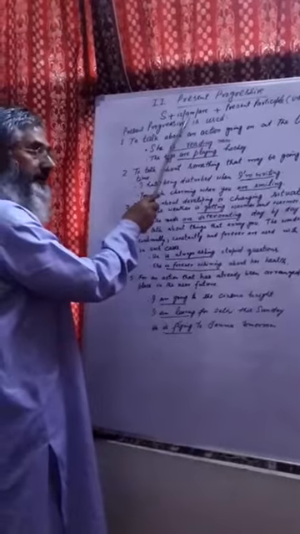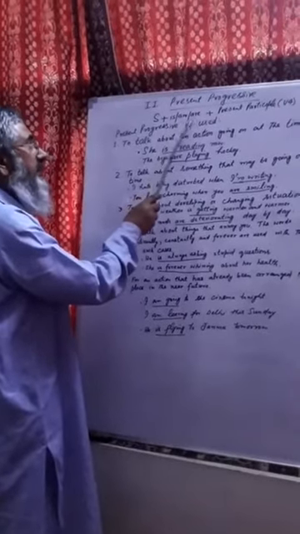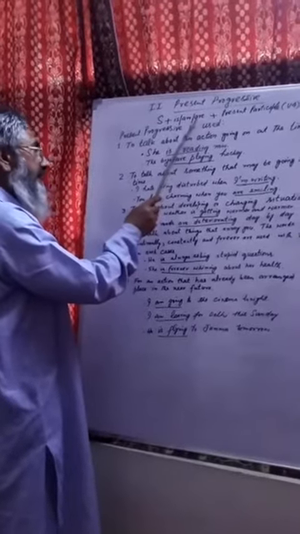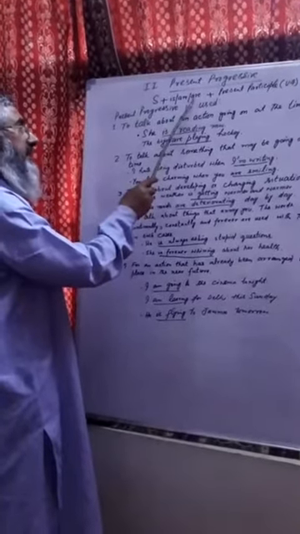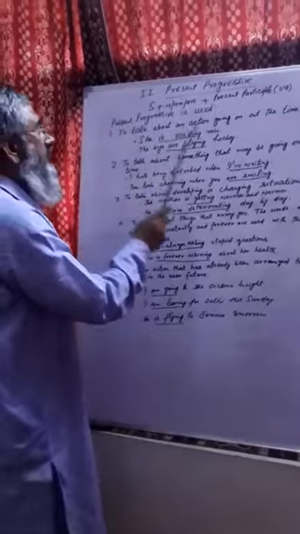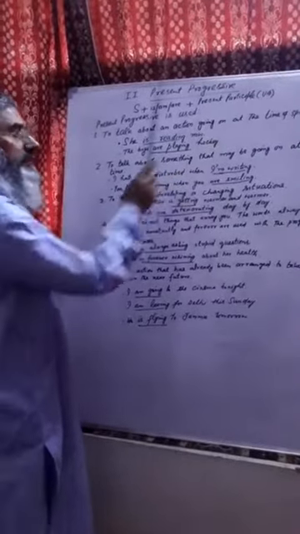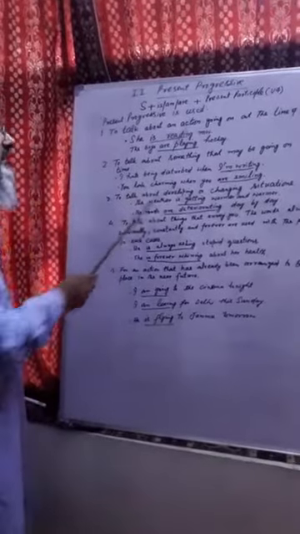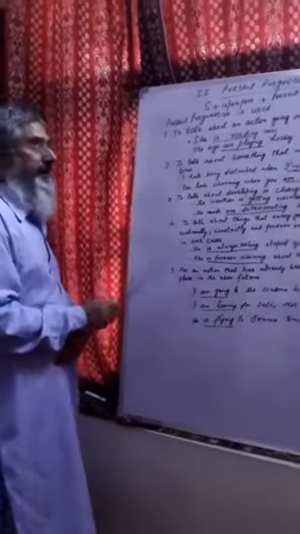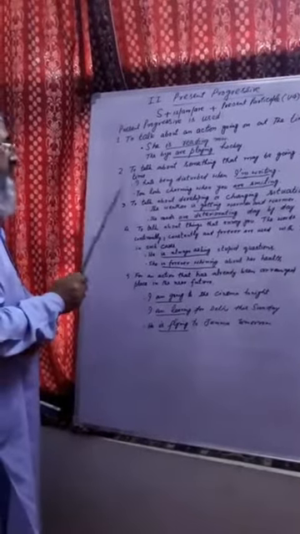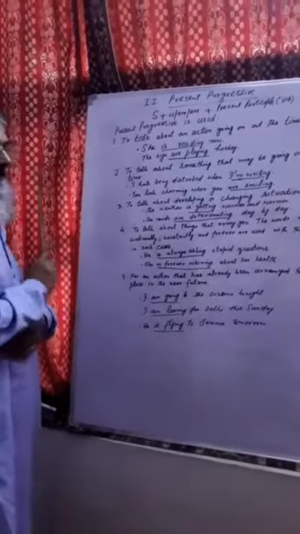Am is used with first person singular I, and are is used with all plurals and second person singular you. Then plus present participle, that is the fourth form of the verb, the ing form. And this present progressive is used in certain cases, which we will discuss now.